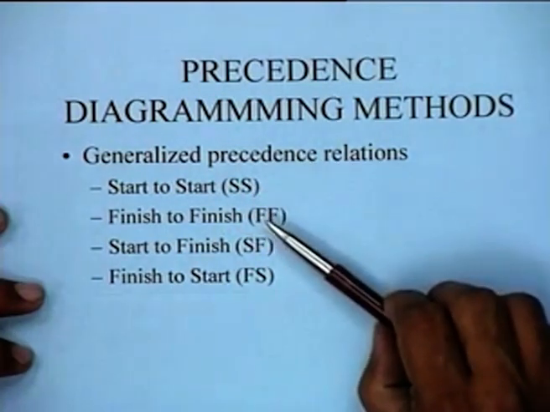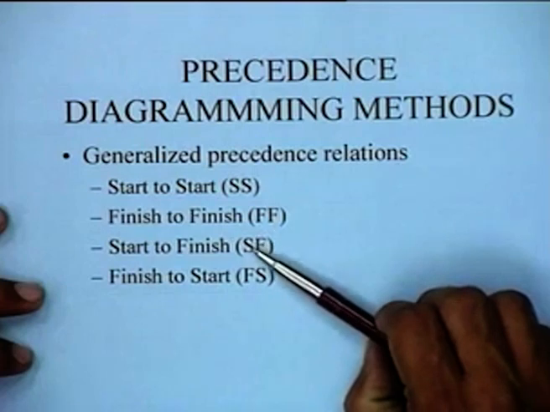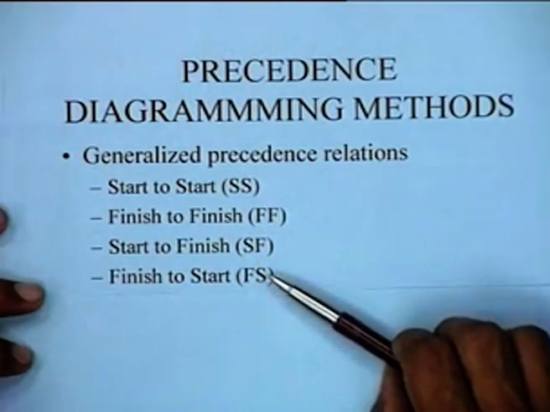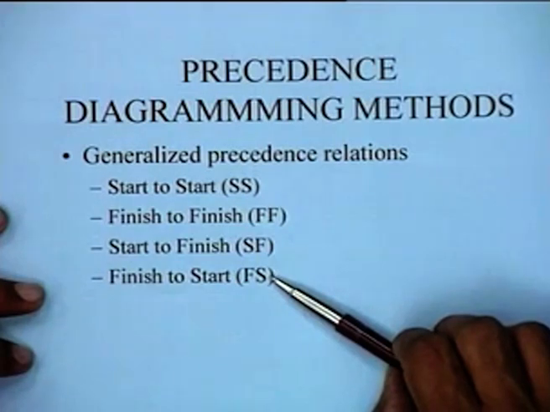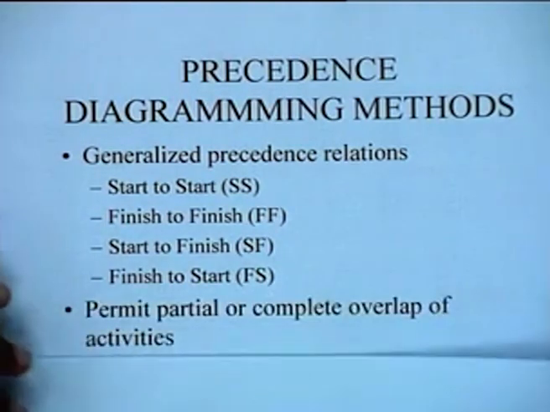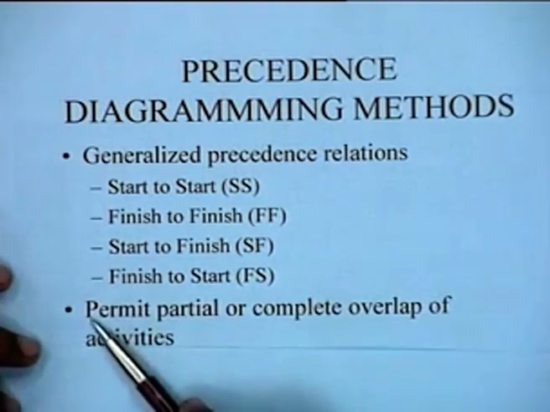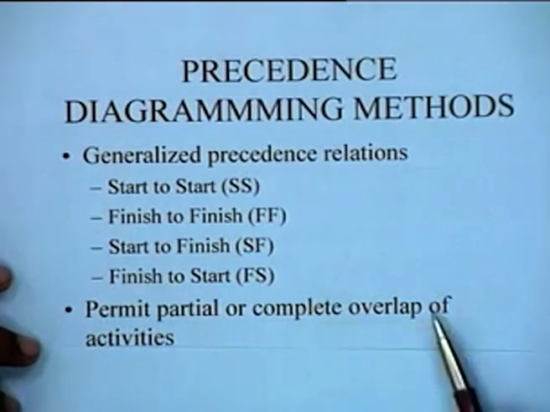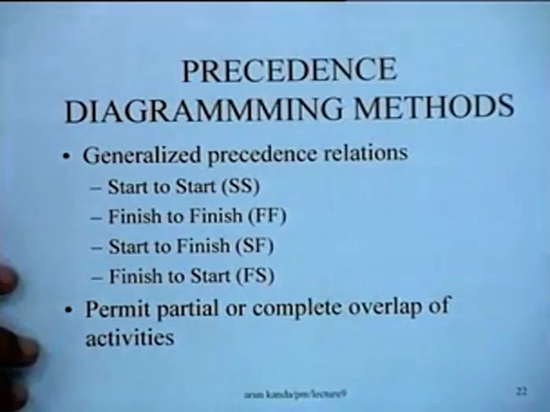Something similar is possible with a finish to finish lag, or a start to finish lag, or a finish to start lag. In fact, the conventional networks have only a finish to start lag with an FS value equal to 0. Right? You finish something and then you start. So the major advantage here is that you are permitting partial or complete overlap of activities. That's the major advantage in precedence diagramming networks.